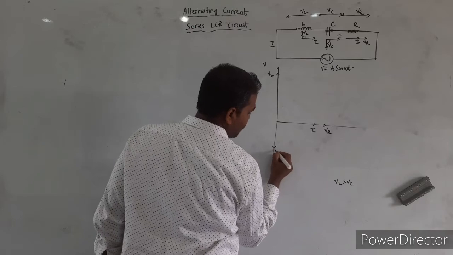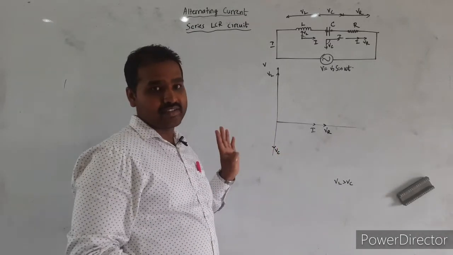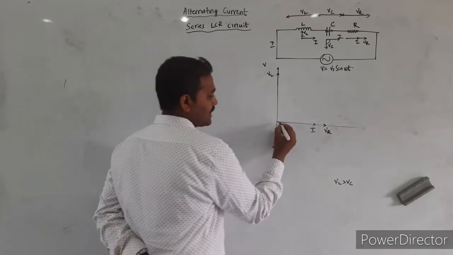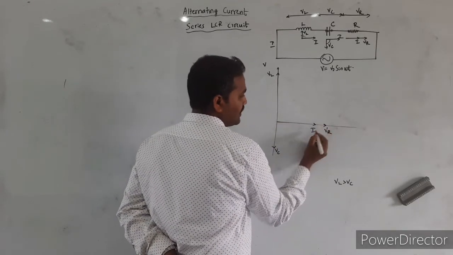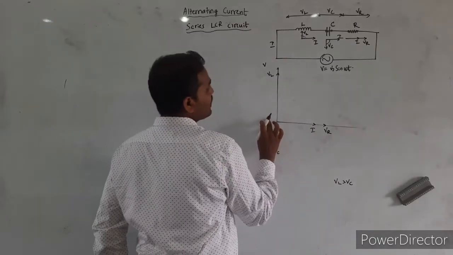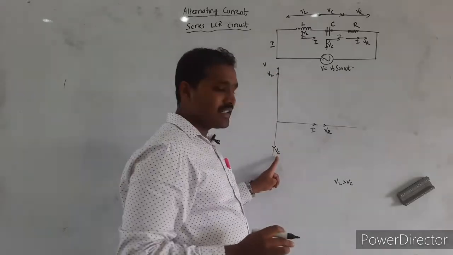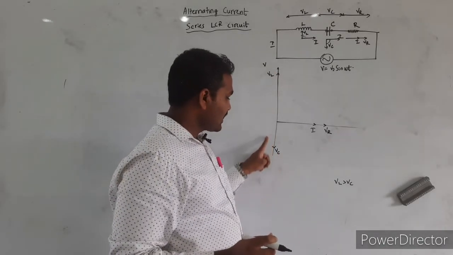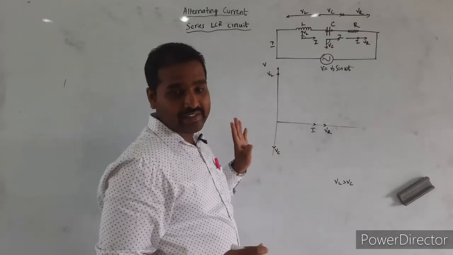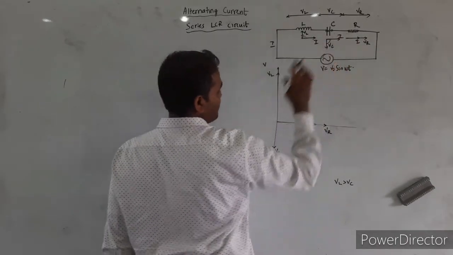So that voltage in the capacitor, I will show along the negative y axis. Observe here, the current is along the x axis, the voltage across the resistor is also along the x axis, the voltage across the inductor is along the positive y axis, and the voltage across the capacitor is along the negative y axis. So this we have done using these relations.